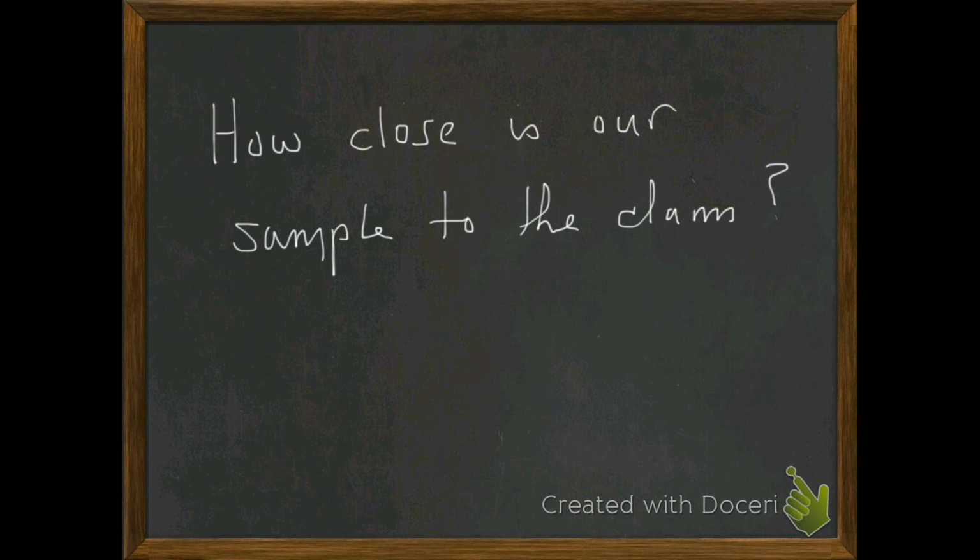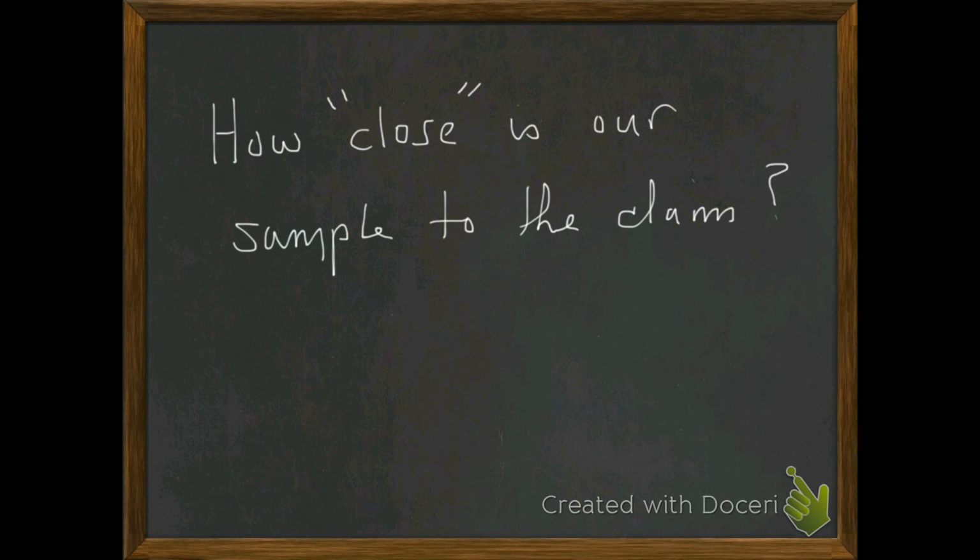Now, guys, close can be very relative if you think about it. If I'm standing a foot from someone, well, that can be relatively close. If we don't like the person, maybe that's too close. If we really like the person, maybe that's not close enough.